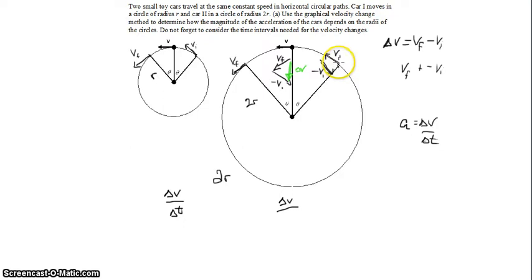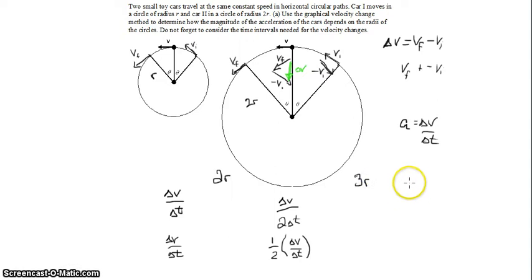the time it takes, with twice the radius, you're doubling the size of the circle, so it's going to take twice the amount of time. So this would be 2 times delta T. So when we compare it to the original value, we get 1/2 of the acceleration compared to the original delta V over delta T. Now, this is not on here, but imagine you made this 3 times the original value of the radius.